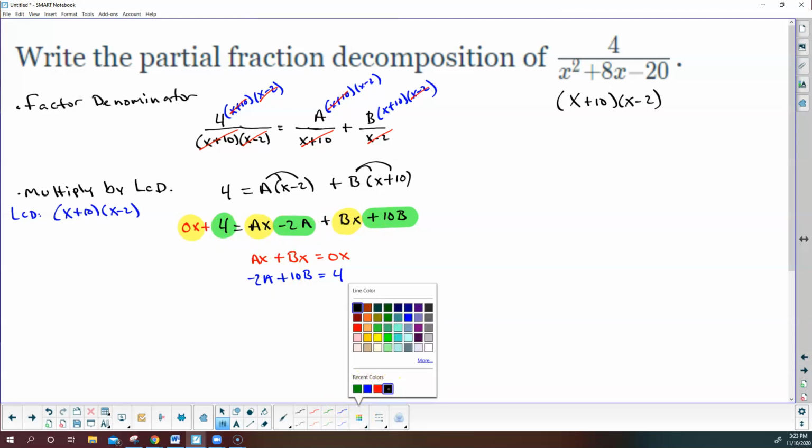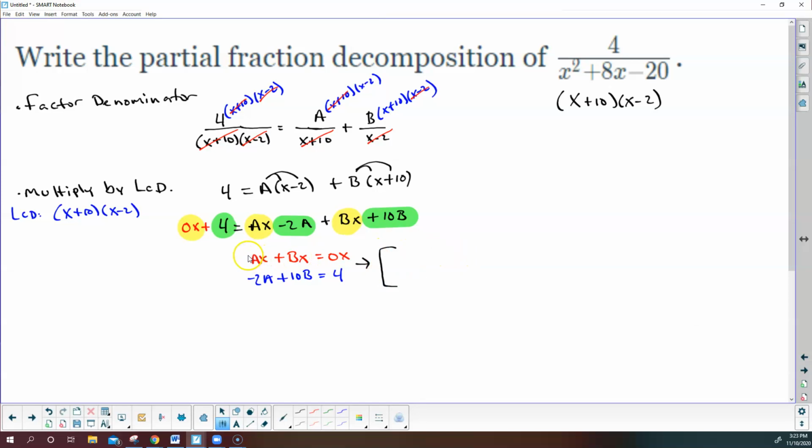So now we can think of setting our system of equations up and turning it into a matrix. So we're going to take the constants in front, which is 1, 1, 0, and then the constants in front, which is negative 2, 10, and 4. All right, and then we jump to Desmos.